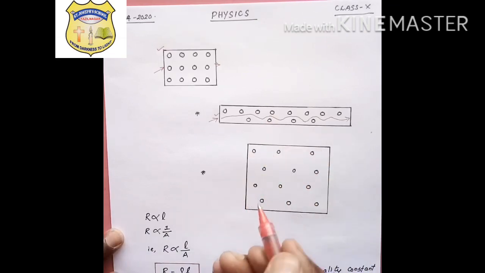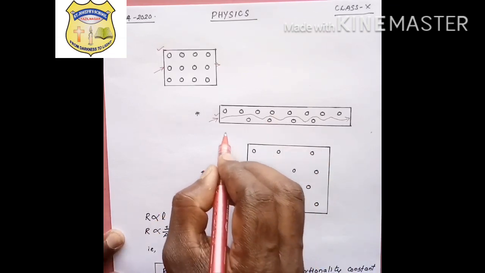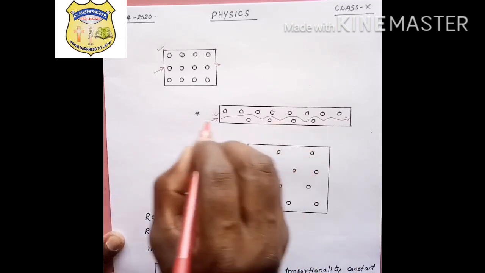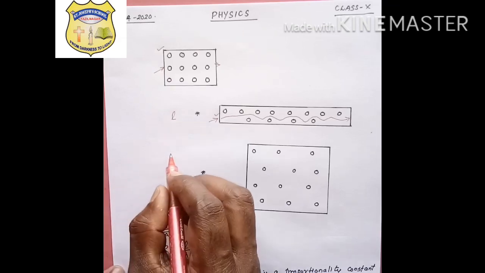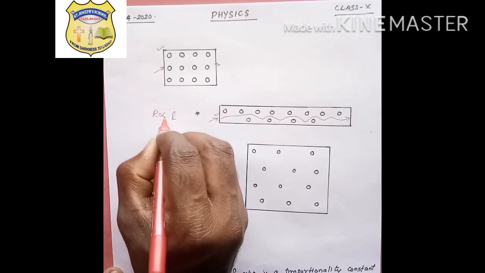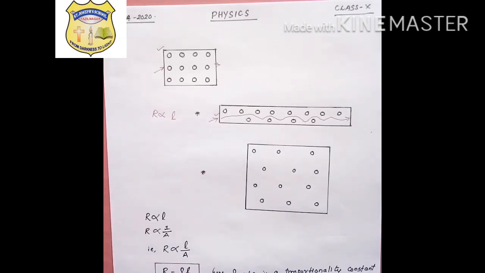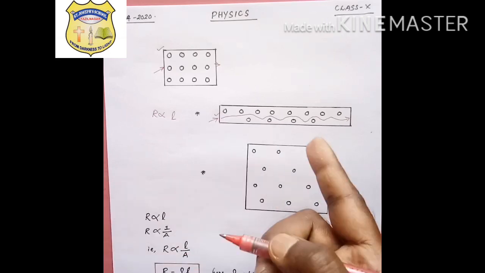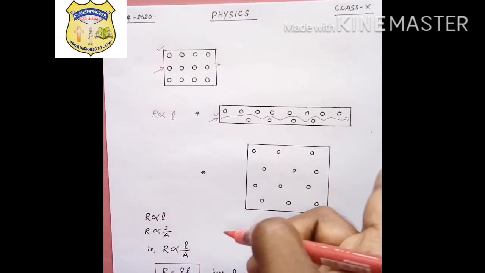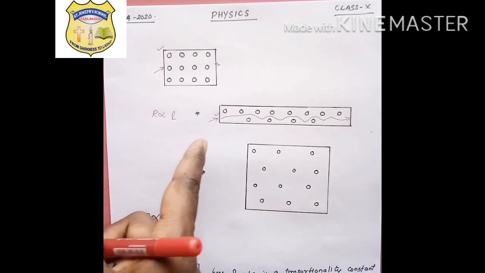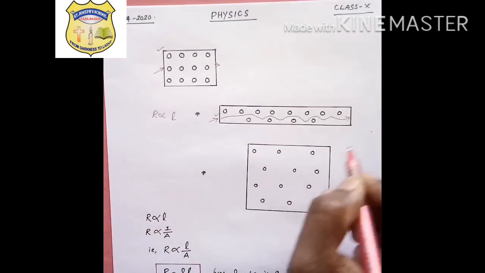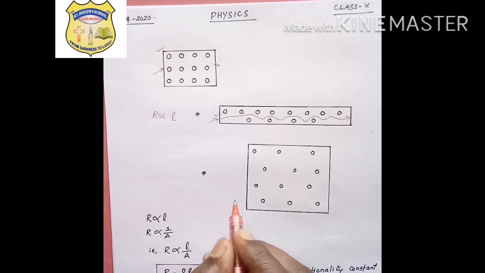And that difficulty is called the resistance. Therefore we can say that when I increase the length, resistance also increases. So resistance and length of the conductor are directly proportional. Due to the difficulty, the charges cannot flow easily to the next end, right?